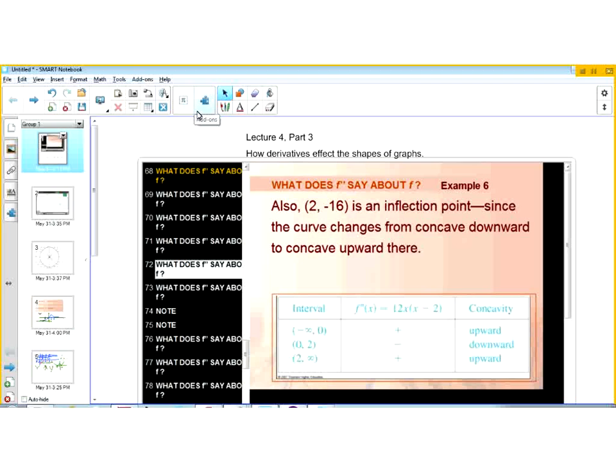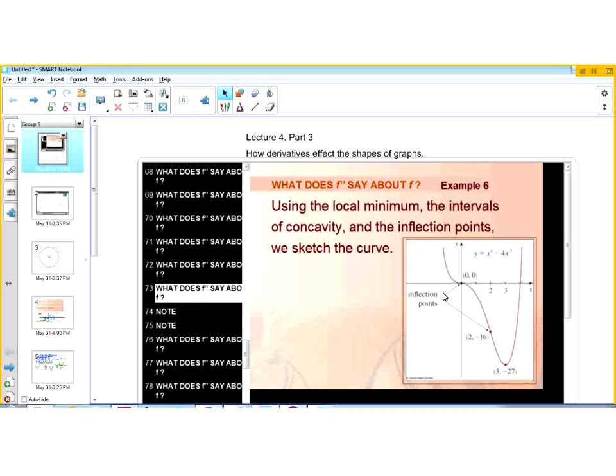Inflection points are found from the table of signs, not by setting the second derivative equal to 0. Here's the sketch. 0 is an inflection point, x equals 2 is an inflection point. There's your local min, and we didn't have any local maxes on this graph.